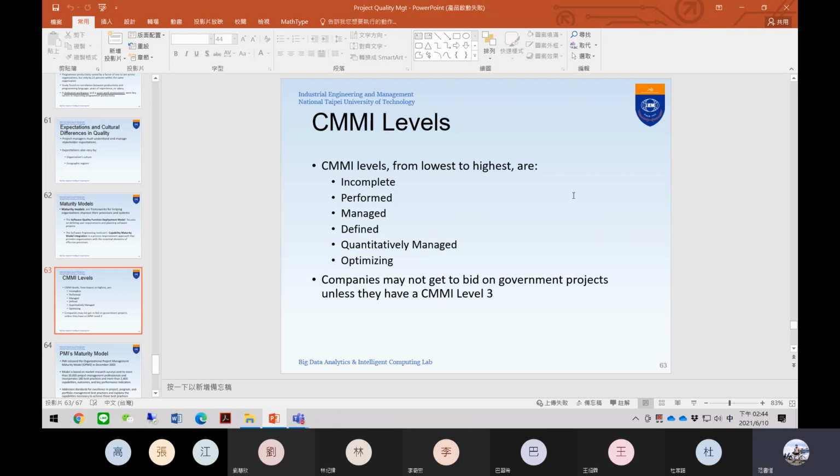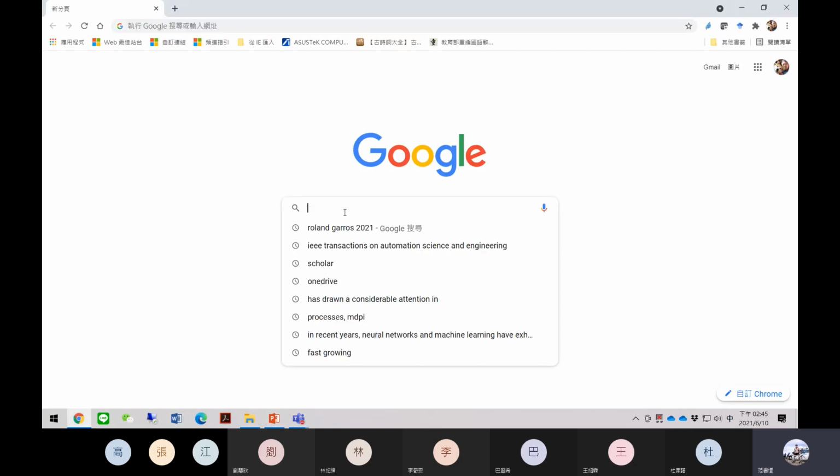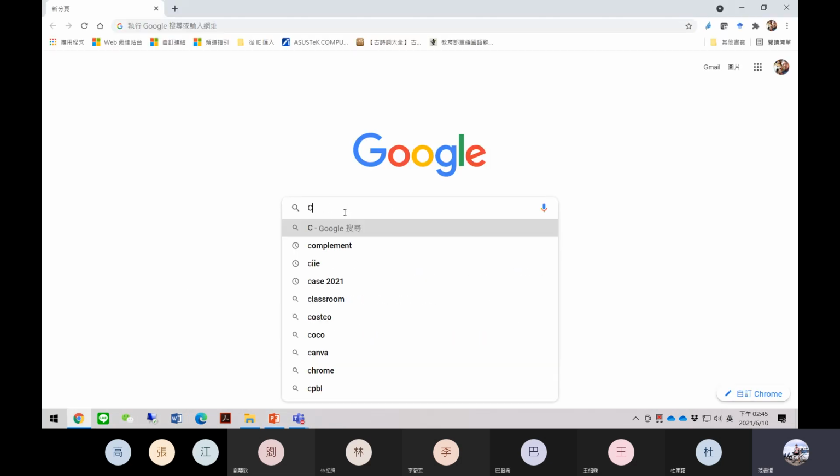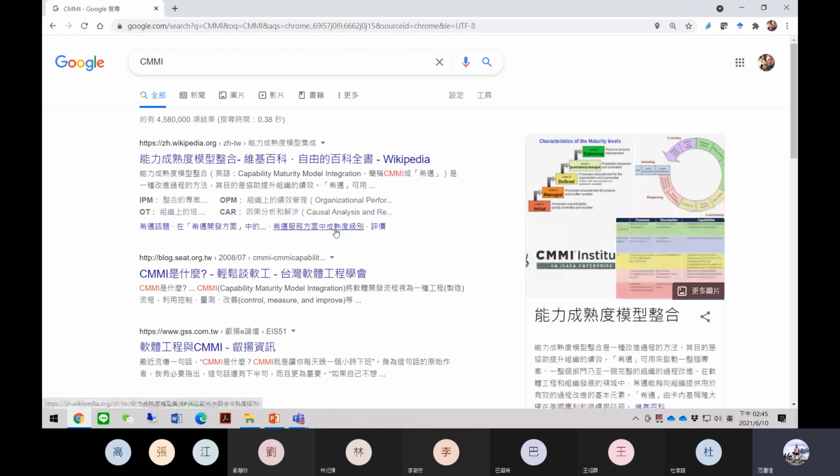A company may not get to bid on a government project unless they have CMMI level 3. Let me check the full description of CMMI. This is certification level 3. Let me give the wiki.